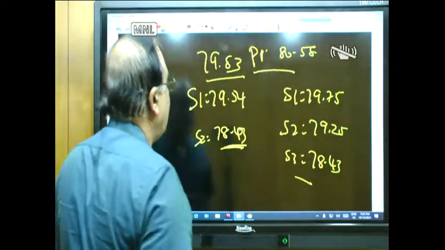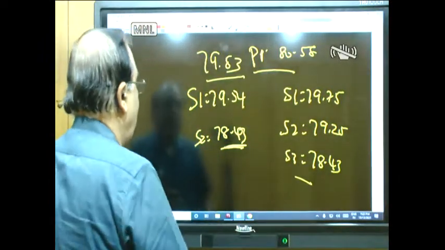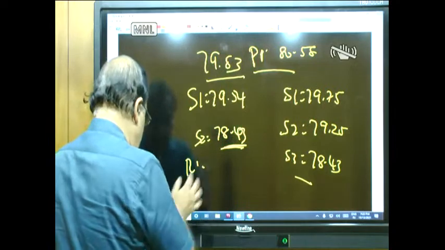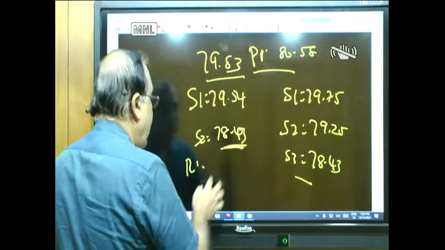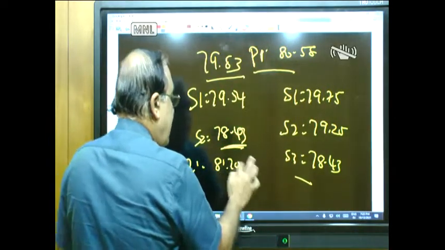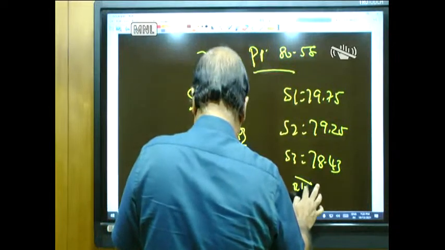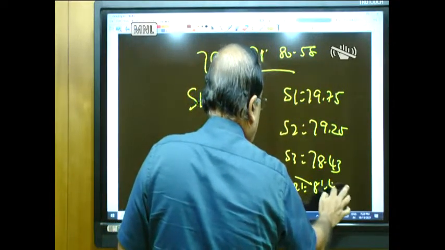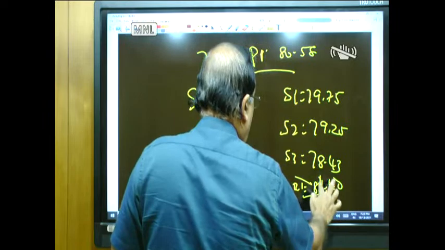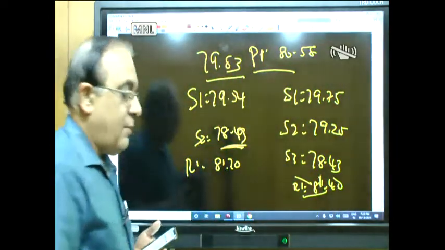So let's look at what's happened. R1, let us say, what is the R1 for this today? Is 81.70, and R1 here was 81.40. Okay, so it didn't go much above that. So we'll look at what happened today.